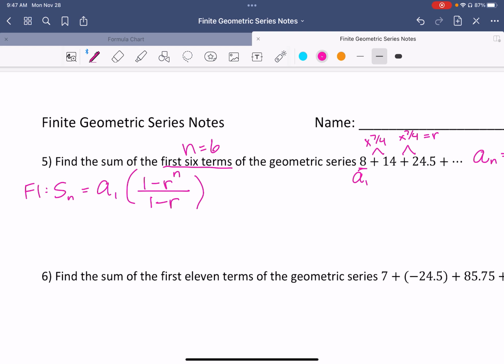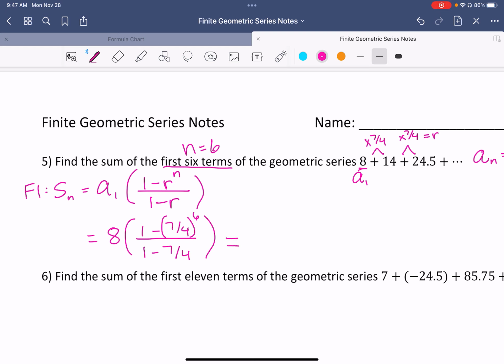Okay, and we can just plug everything in. So 8, 1 minus 7/4, and I'll put the ratio in parentheses so we can raise it to the power of 6, and then 1 over 7/4. Make sure you're using your parentheses because that's going to be important.